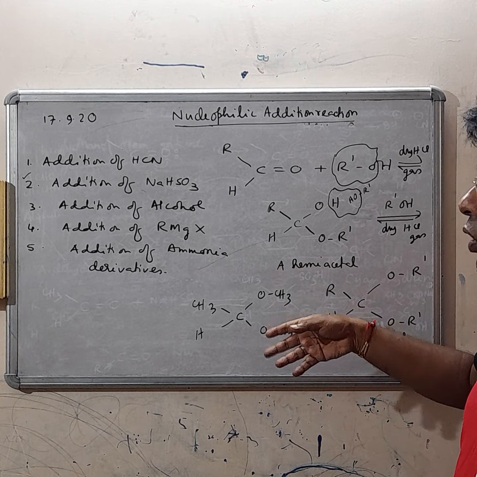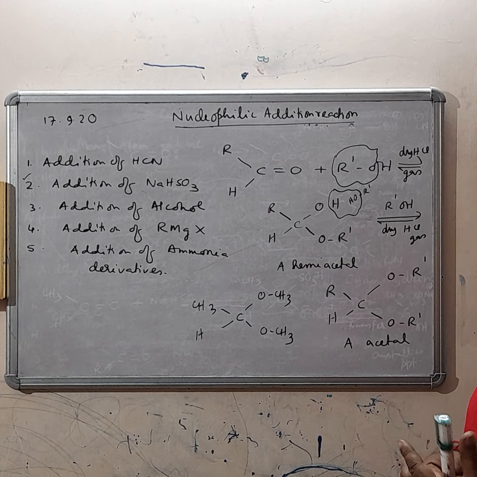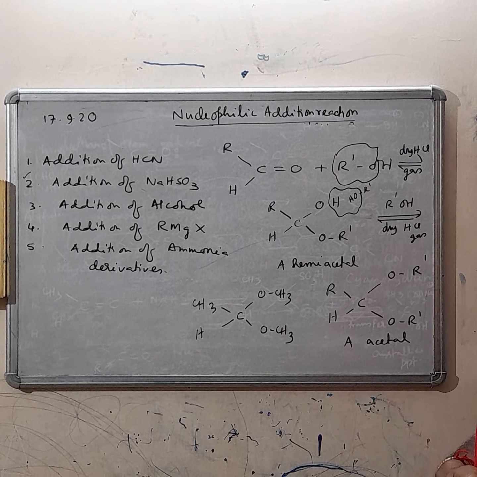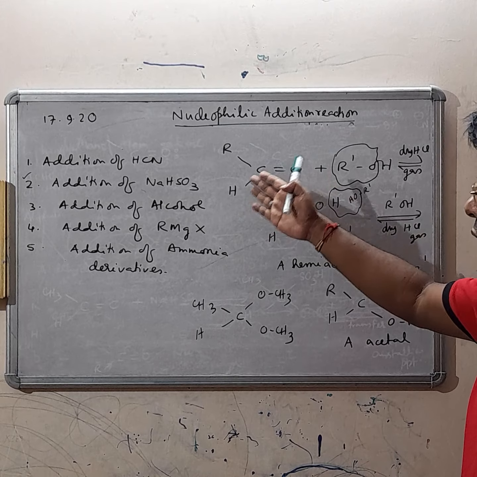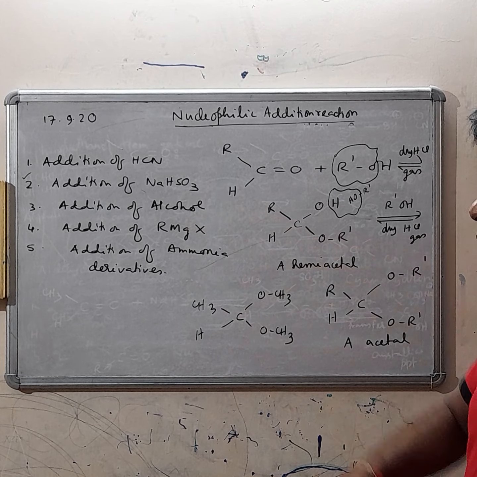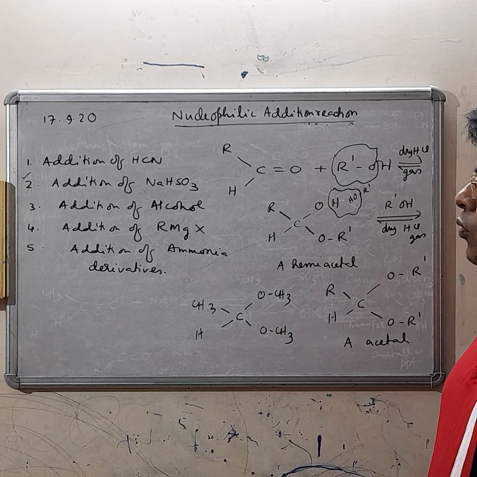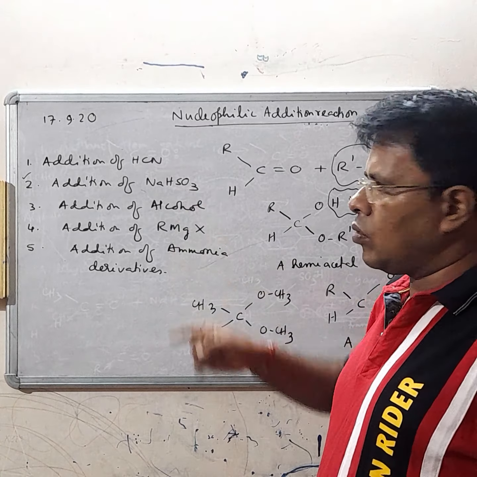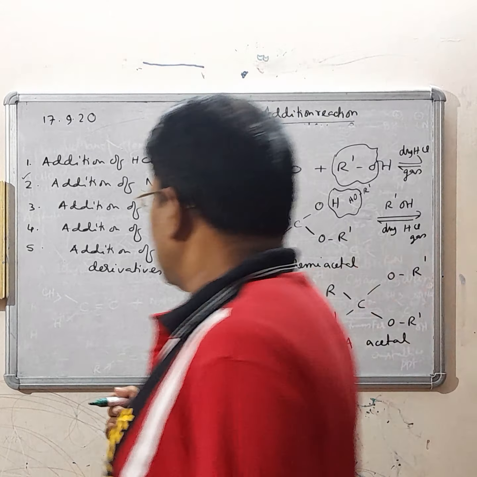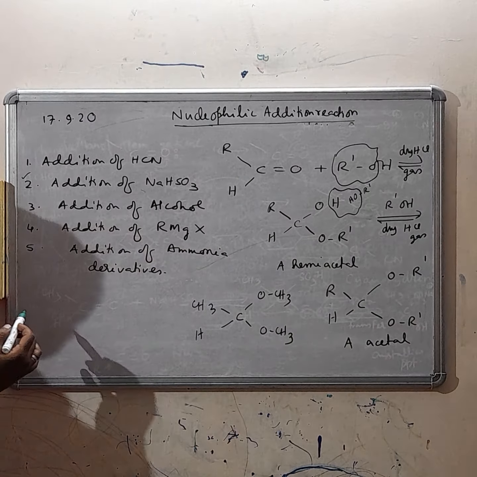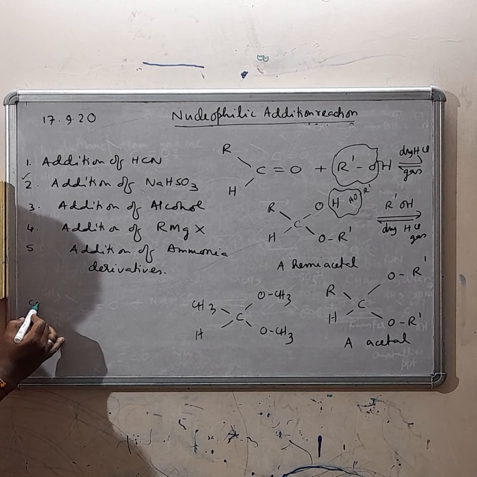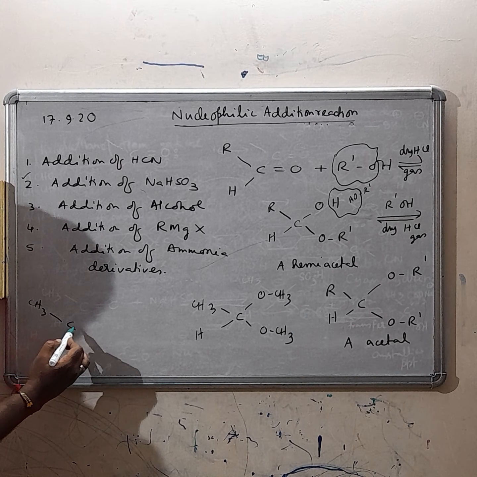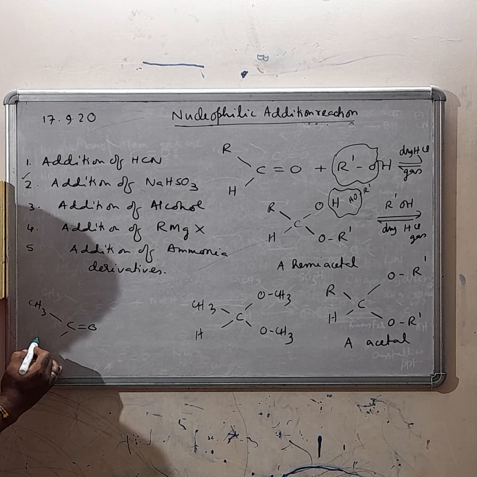Okay, now since we know that ketones are less reactive than aldehydes, for this reaction to happen with ketone, we have to take a dihydric alcohol. In this way, suppose we take a ketone, suppose CH3, C double bond O, CH3.